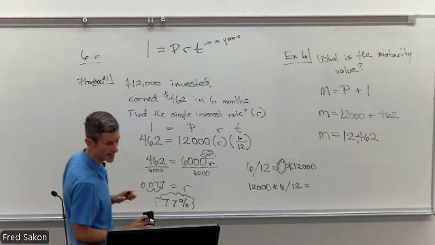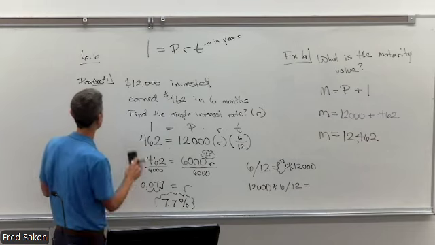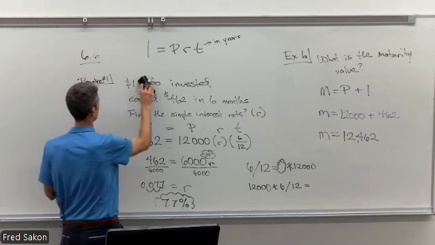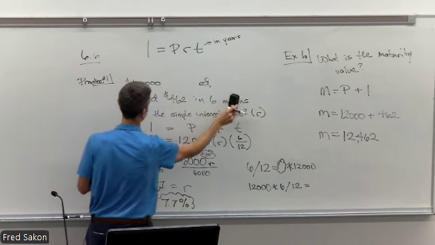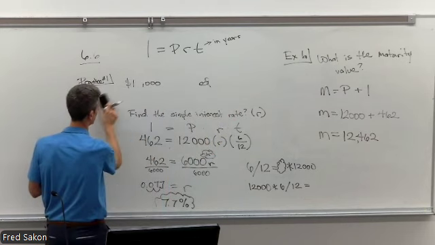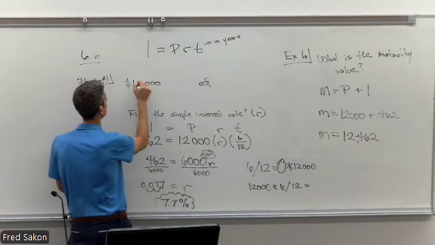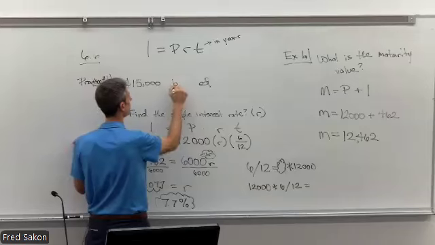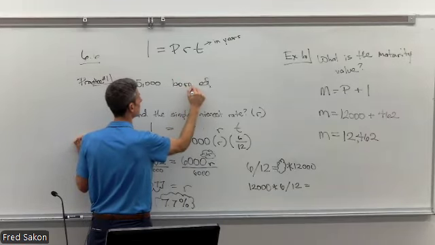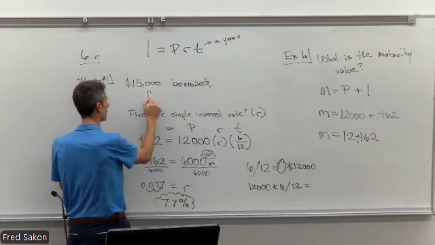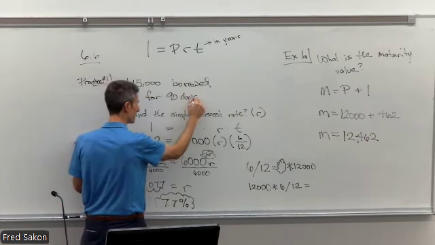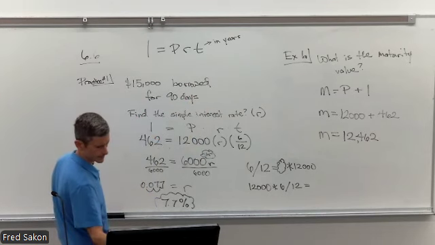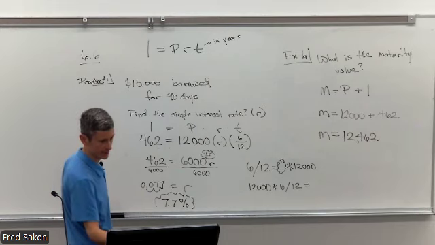We borrowed $15,000 for 90 days. $15,000 borrowed for 90 days, and the interest was 7.2%.